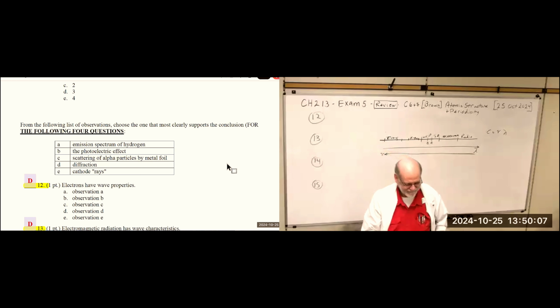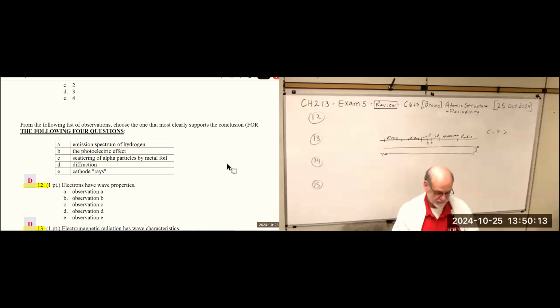All right. Electrons have wave properties. What's the significance of the table? From the following list of observations, choose the one that most clearly supports the conclusion of the following 4 questions. Okay, so the conclusion that electrons have wave properties is derived from one of these, A through E.